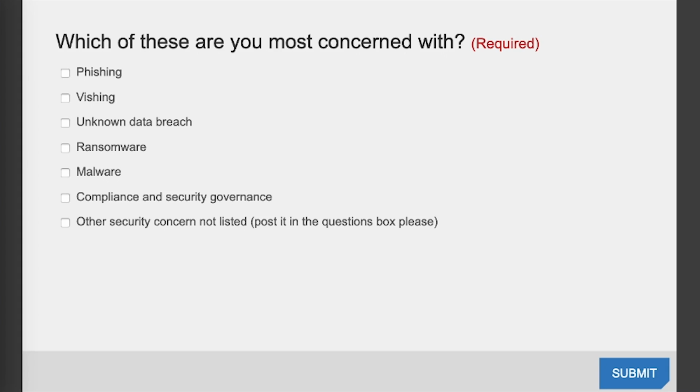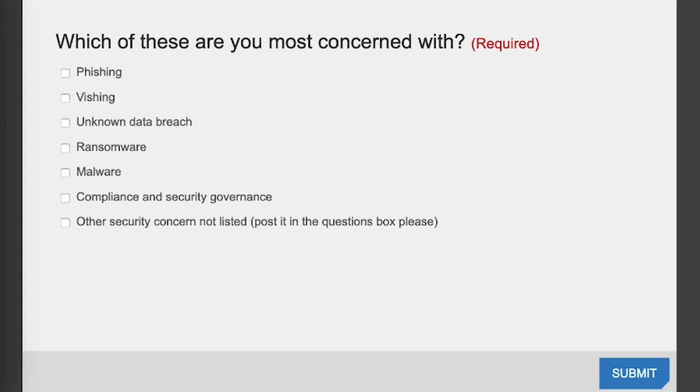I've made this a multi-select question, so you don't have to select just one. Of course, this is the topic of today's event, enhancing the human, tools to address the weakest security link. And that's exactly what our expert presenter from KnowBe4 will be talking about today. So again, you can answer the poll right there on the screen. Which of these are you most concerned about?